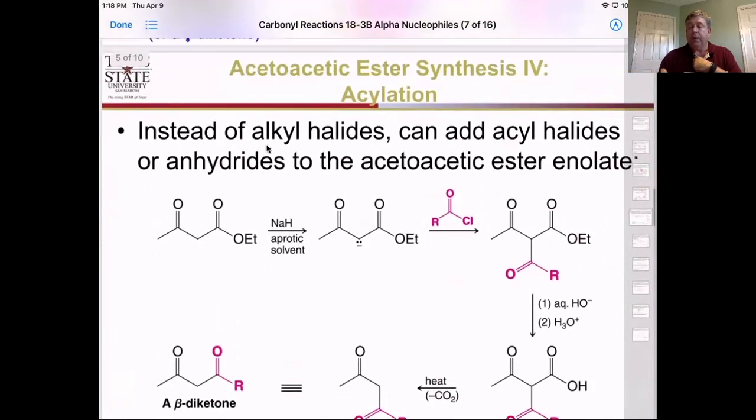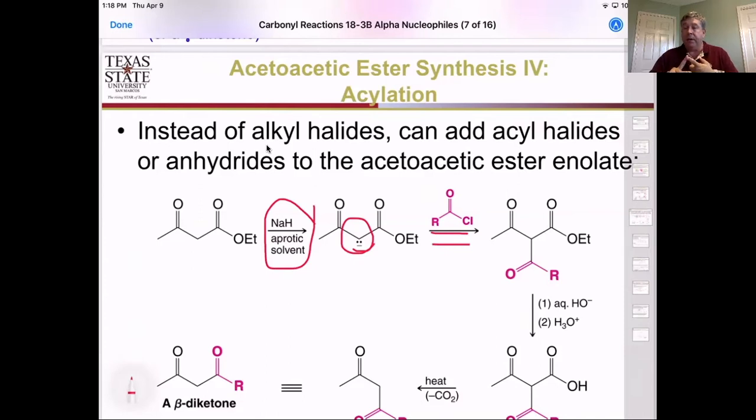Since we are creating the nucleophile, we can use it in any other nucleophilic attack we want. One of the substitutions we've learned about in chapter 17 is the nucleophilic acyl substitution. Once we generate our enolate here by our base, we would typically do these reactions in an aprotic, non-aqueous solvent, because we actually want to use the acyl halide as our reactant.